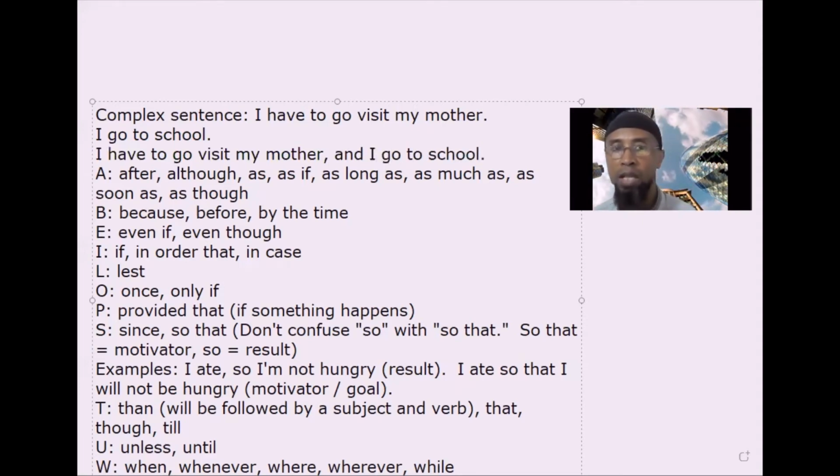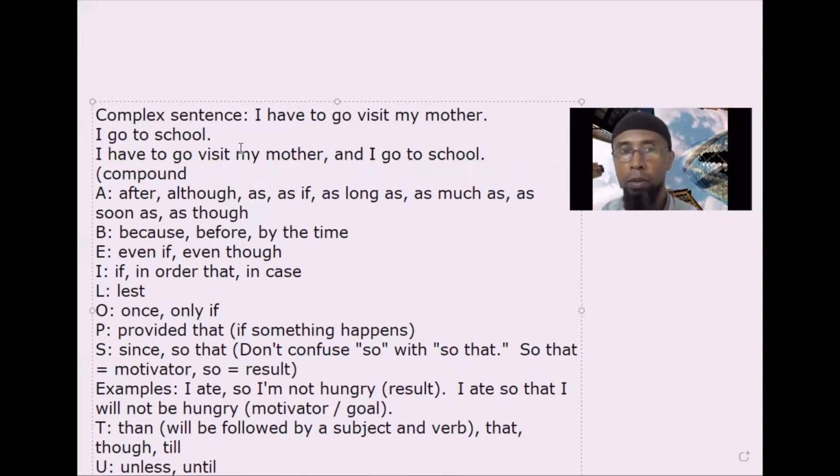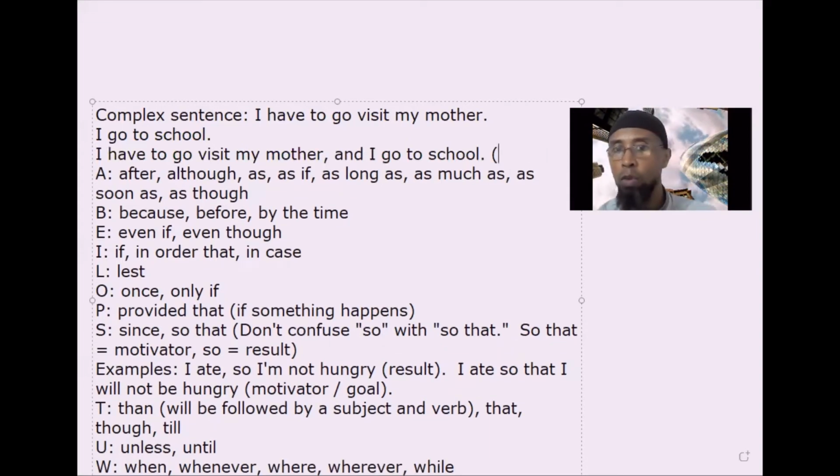If I did it that way, then I've actually made a compound sentence. But that's not what we're trying to do today. Today, we're trying to make complex sentences, so you can't use for, and, nor, but, or, yet, so.